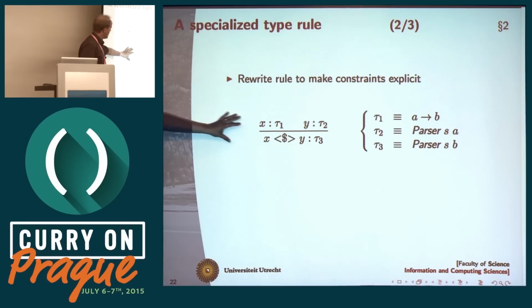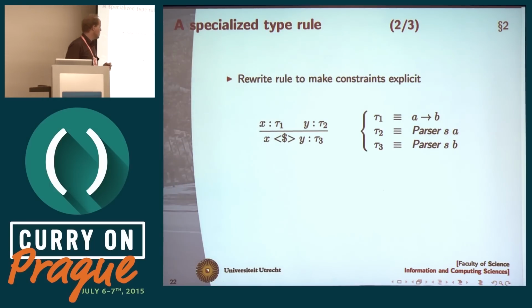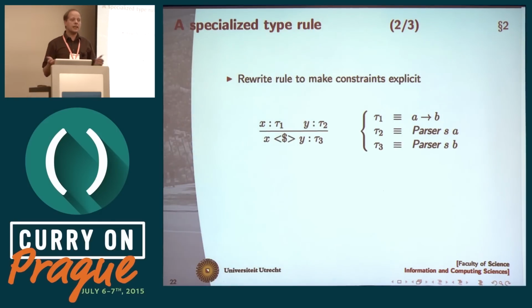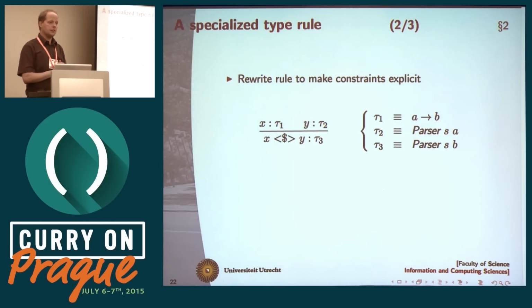And I'm going to work that around to the specialized type rule. So what I first do is I rip out the specific types, and I replace them with placeholders like tau1, tau2, and tau3, and I make explicit on the side what constraints are there for tau1, tau2, and tau3. So this is clearly, I hope, equivalent. Just a matter of notation. But I'm going to do a bit more.